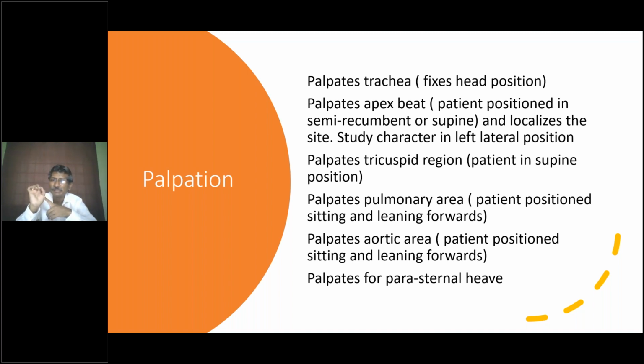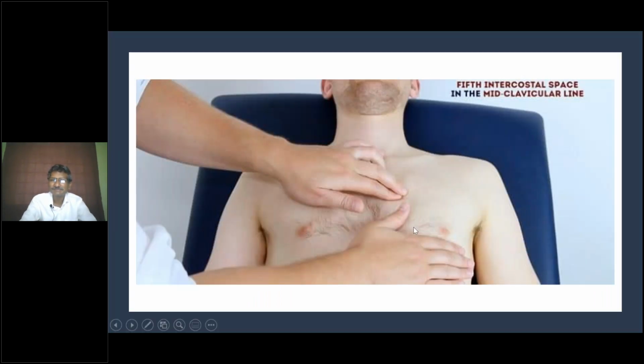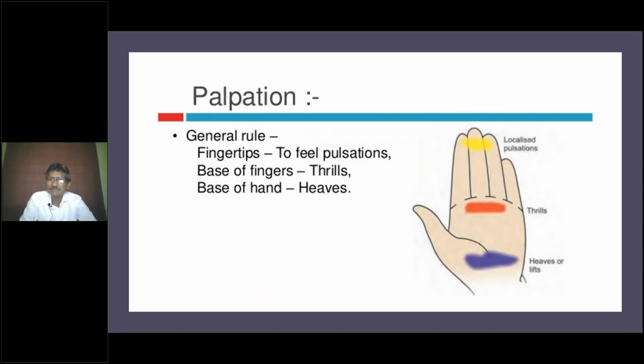Smriti has put pulp of the fingers. Others, what do you feel? Base of the fingers. Okay, I'll go back to the earlier slides. See which part it is, head of the metacarpal.